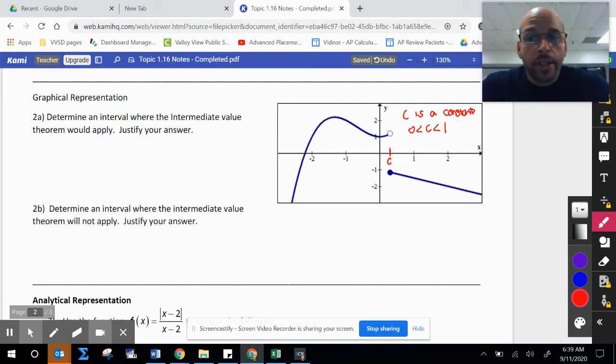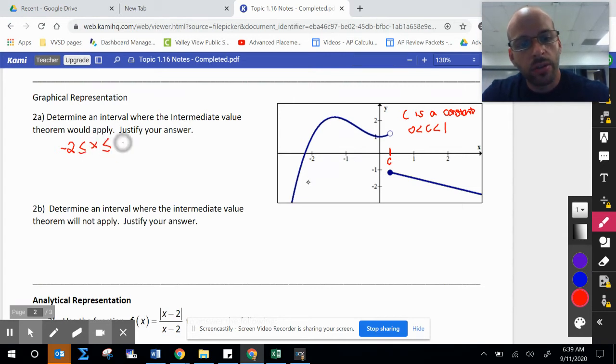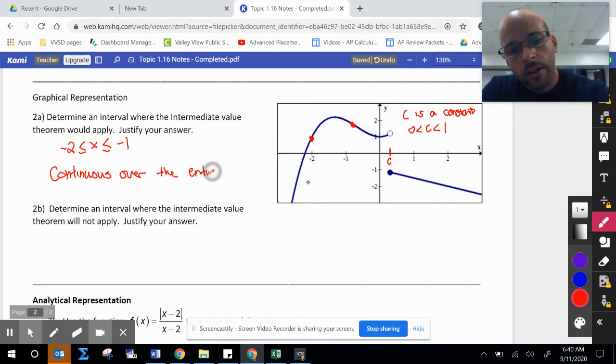Now, is there an interval where intermediate value theorem would apply? You can ultimately just pick any interval where it's continuous. So it could be as simple as saying from -2 less than or equal to x less than or equal to -1. For this interval, intermediate value theorem would apply. And ultimately, the reasoning is because it's continuous over the entire interval.